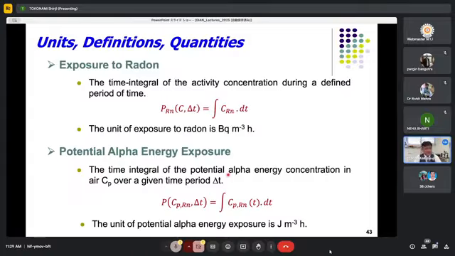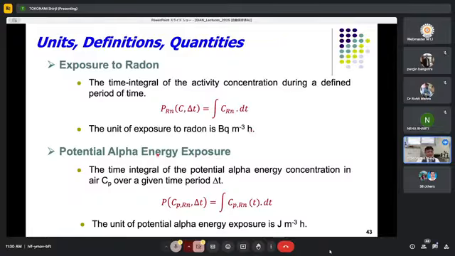Exposure to radon is the time integral of the activity concentration during a defined period of time, a time integrated concentration. The unit of exposure to radon is becquerel per cubic meter hour.